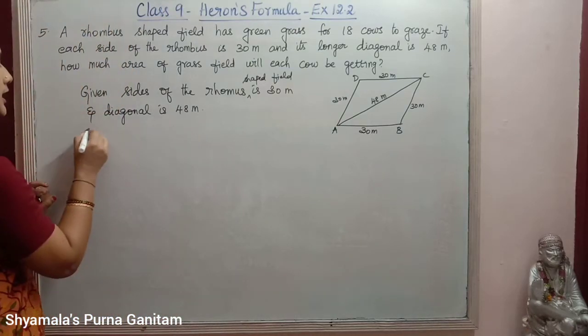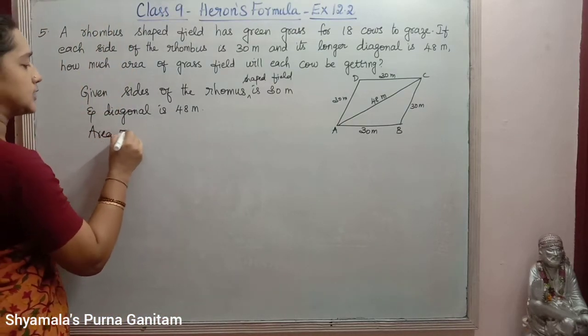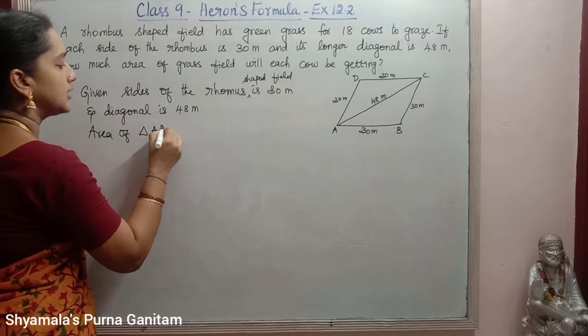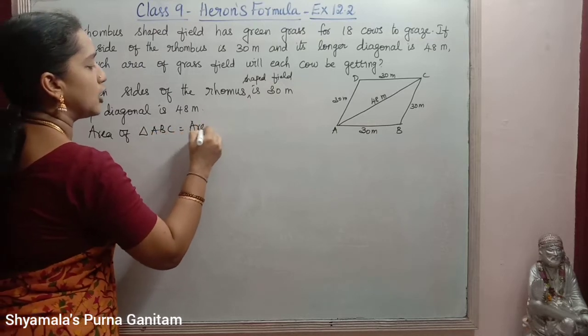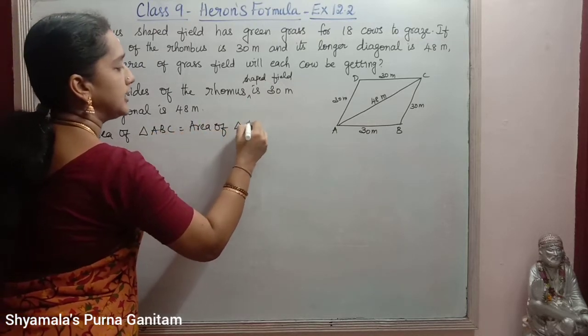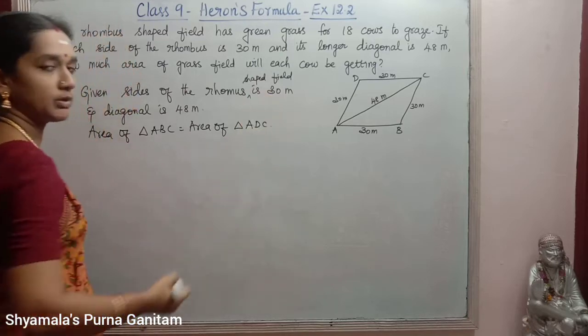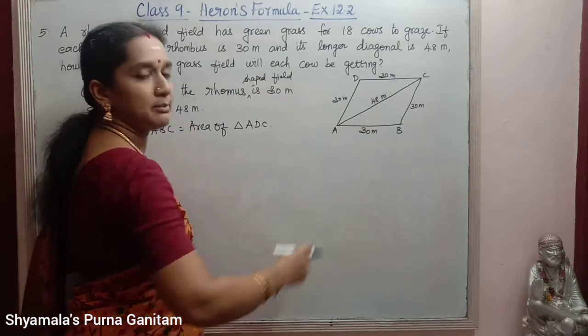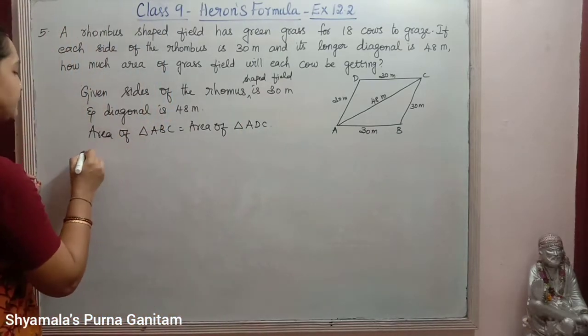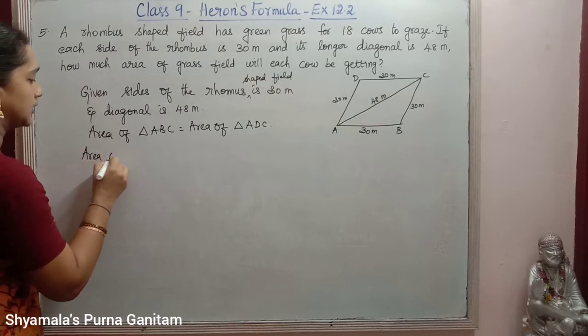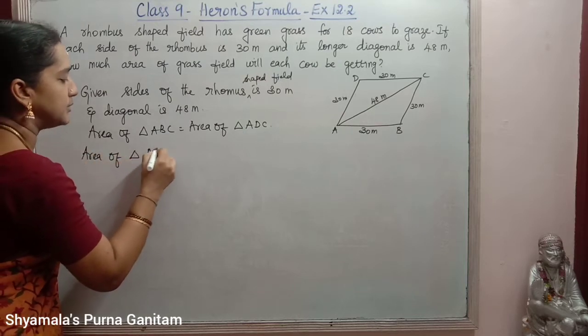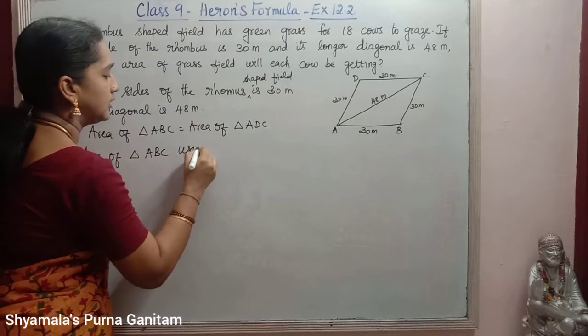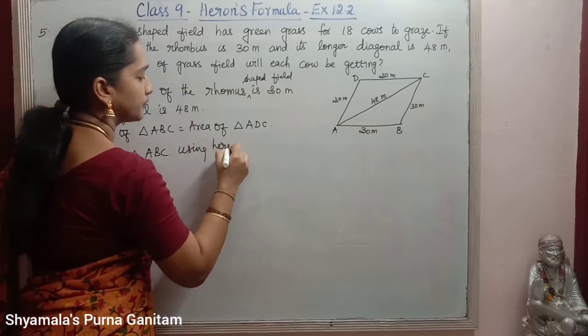Now area of triangle ABC is equal to area of triangle ADC. So first we will find the area of triangle ABC using Heron's formula.